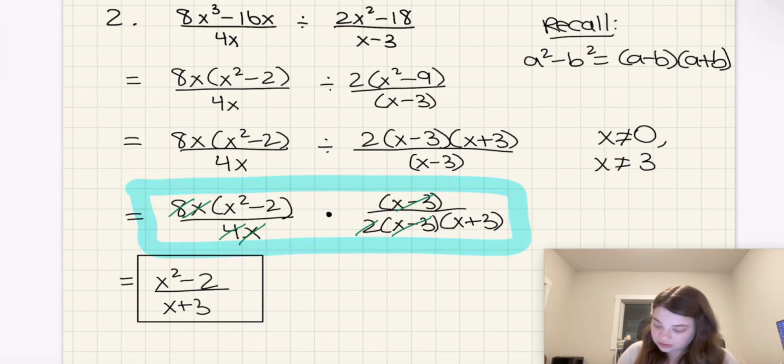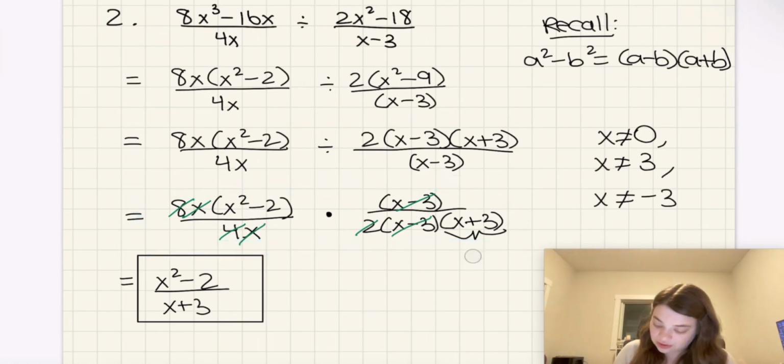In this case, this also adds the restriction that x cannot equal negative 3 either, because notice over here we have an x plus 3 in our denominator, meaning that if x was negative 3, we end up with a 0 in our denominator.